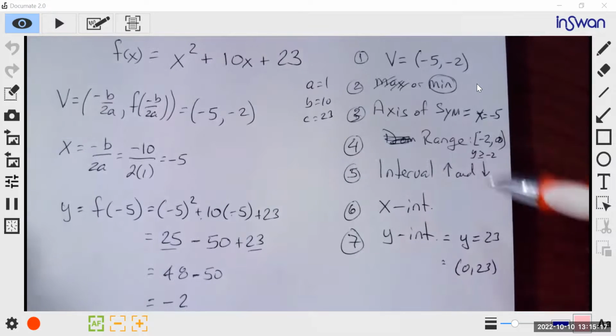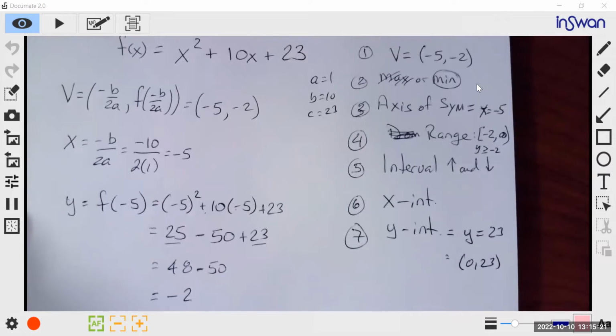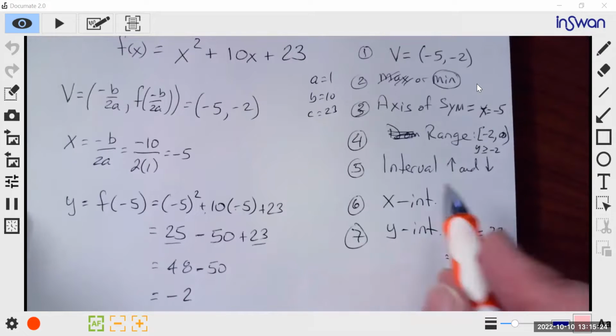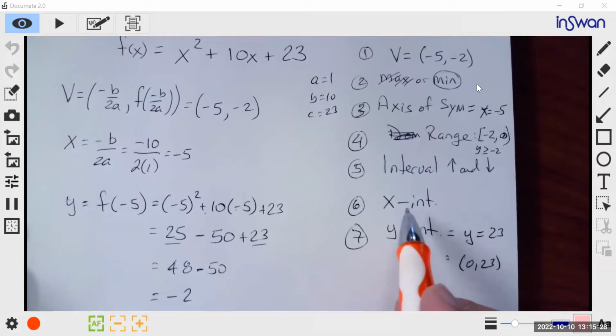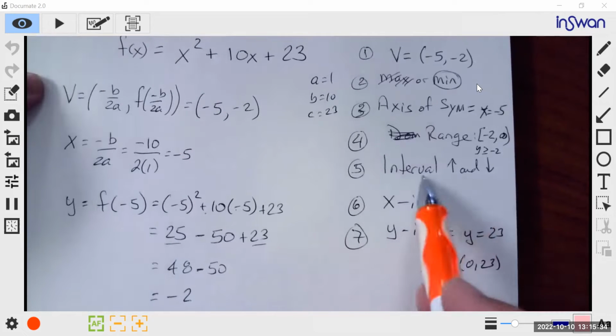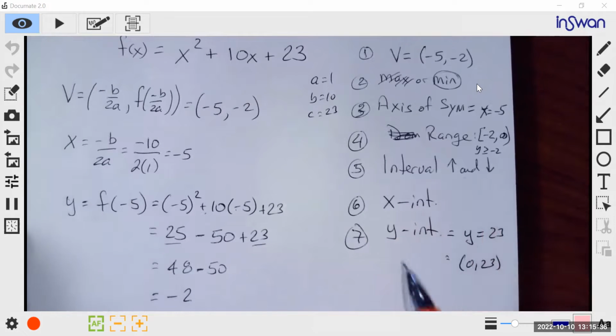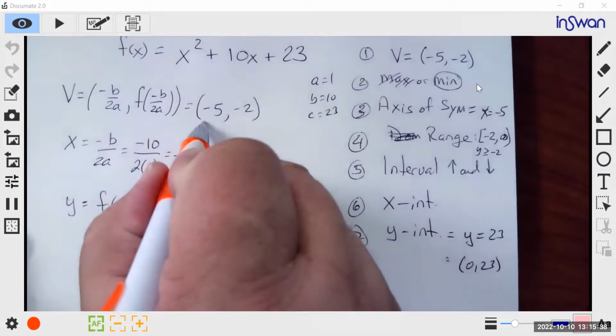What else can we do from this list once we find the vertex? Well, the intervals. We cannot find the x-intercept there because that's a whole separate equation. But from the vertex, we can find the intervals, because we only look at the x.